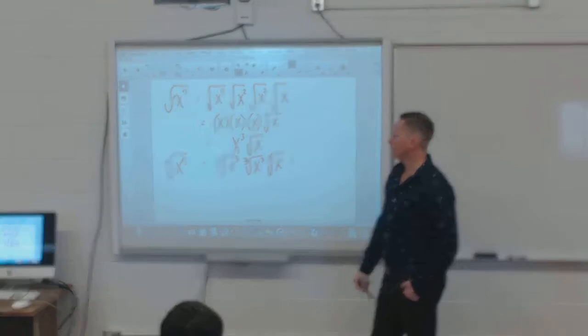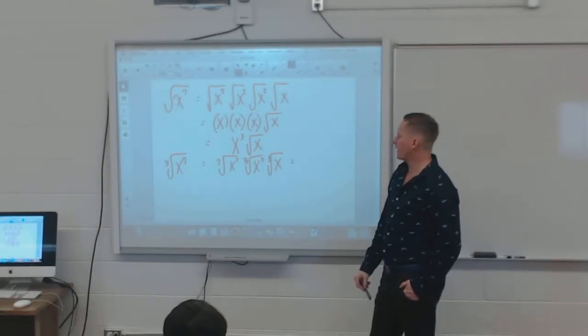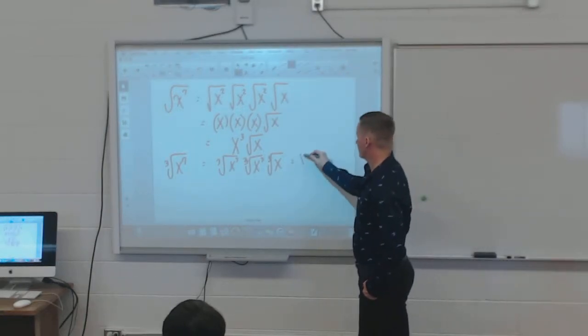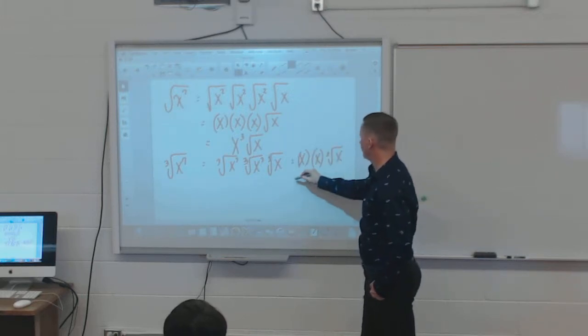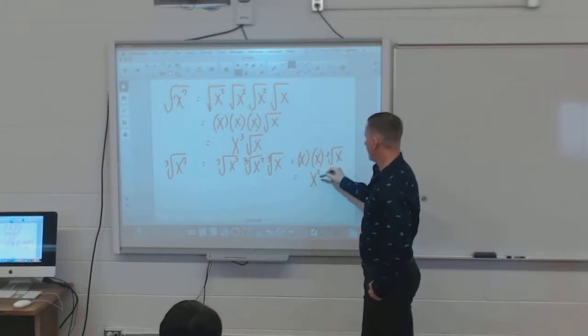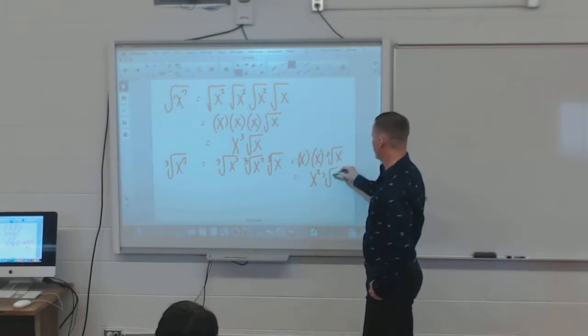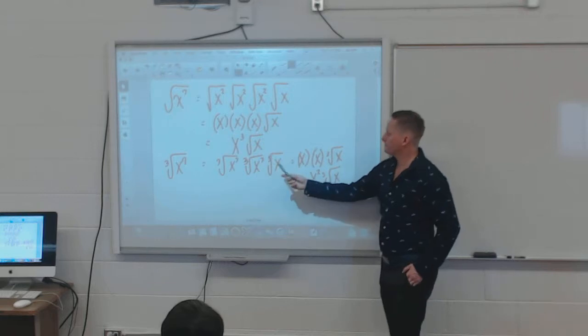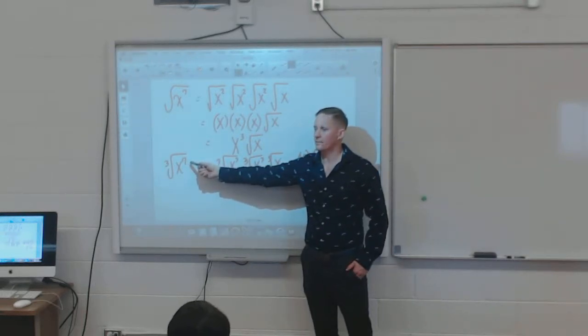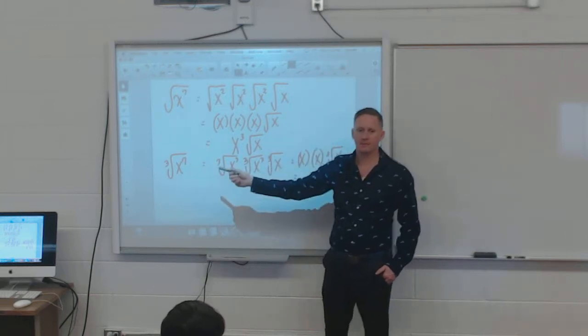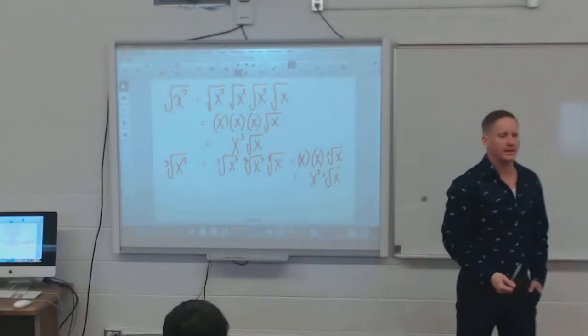Okay, what's the cube root of x cubed? I have that, which is equal to x squared cube root x. So I'm finding all the powers of 3 that go into that, right? So that's one way to do it.